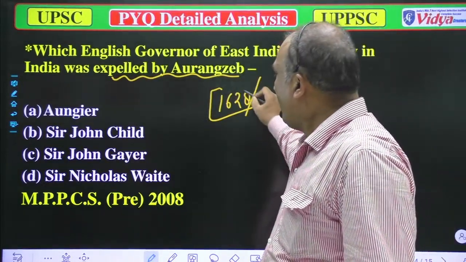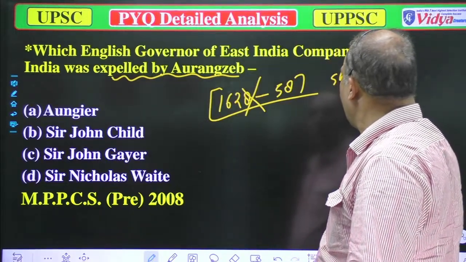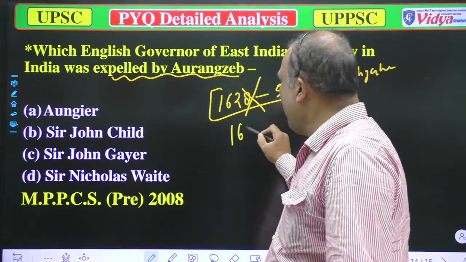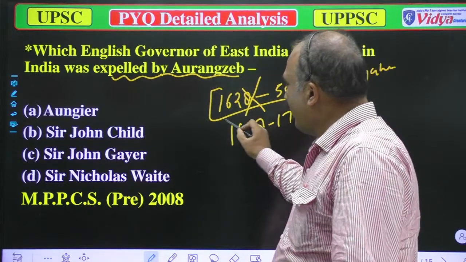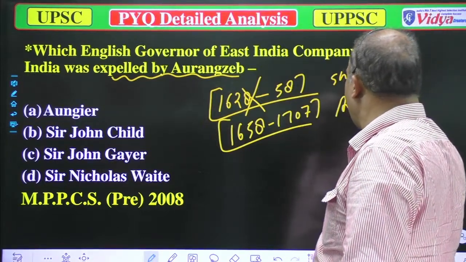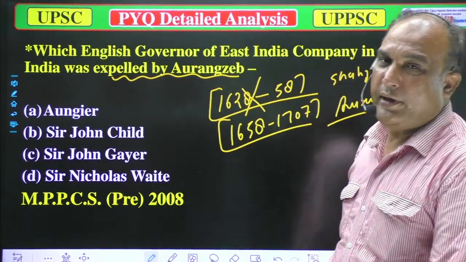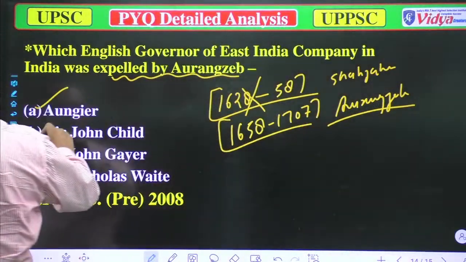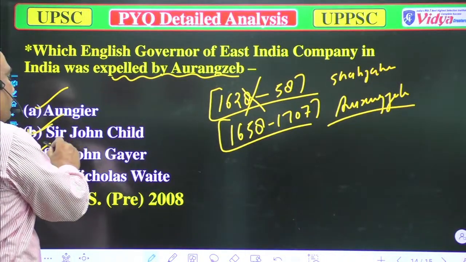No. That is the time period of Shah Jahan. Aurangzeb ruled India from 1658 to 1707. That is the phase when Aurangzeb ruled India. So that was Sir John Child.